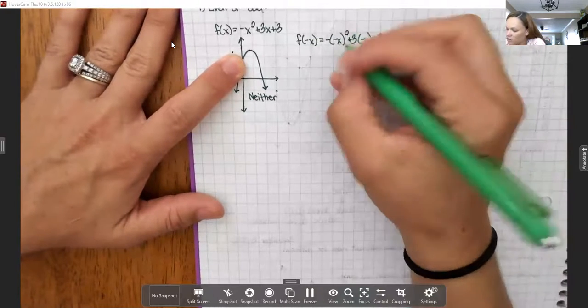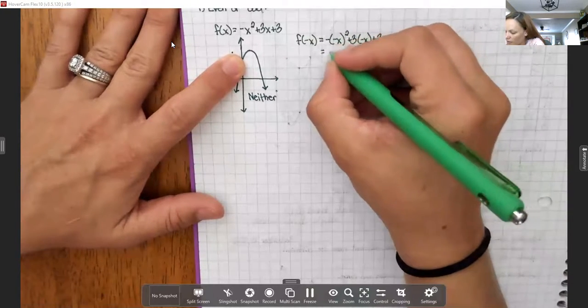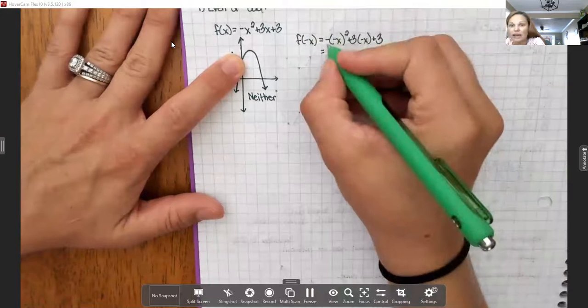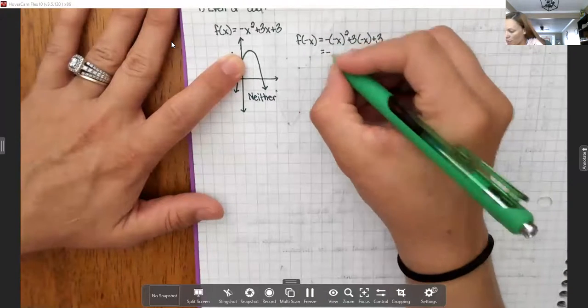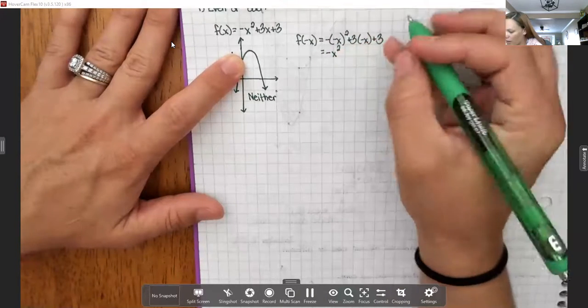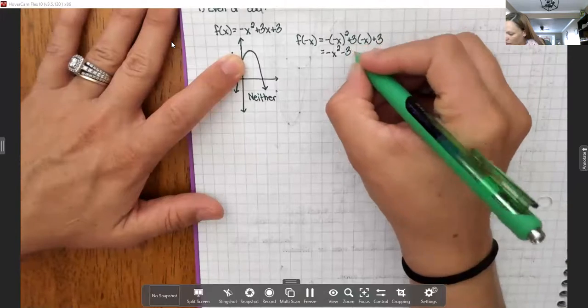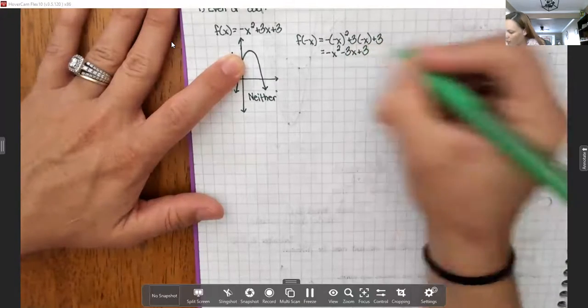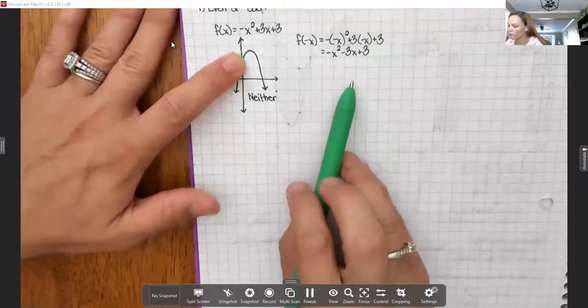So negative x, when we square it, that part becomes positive. This negative still stays out front from your order of operations. So that's negative x squared minus 3x plus 3.